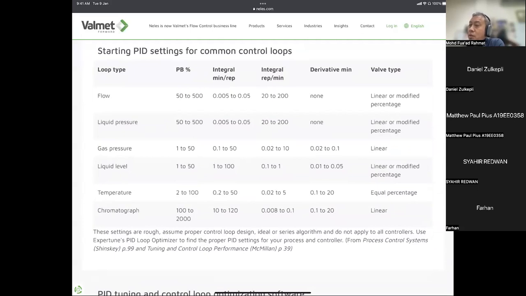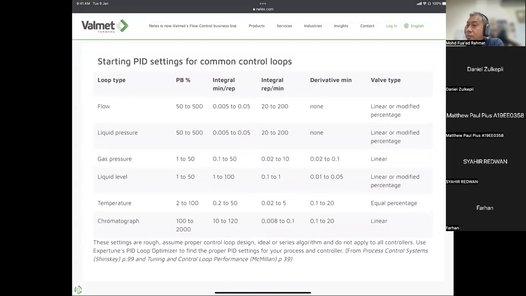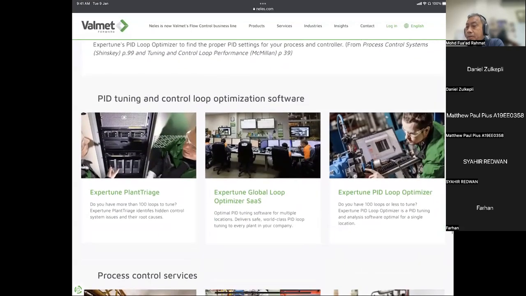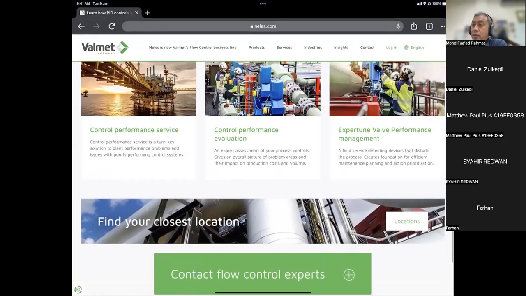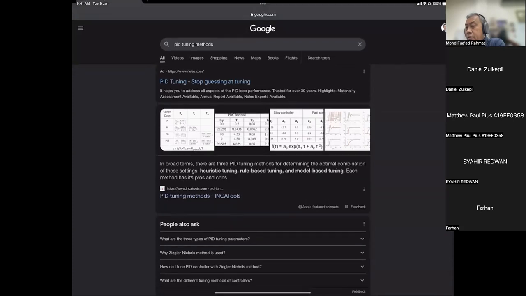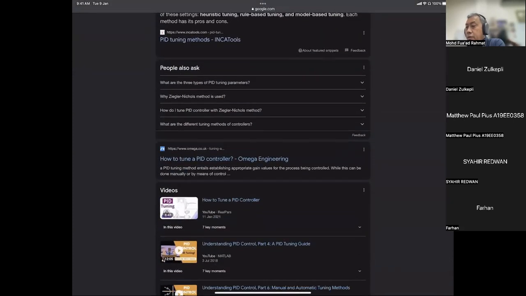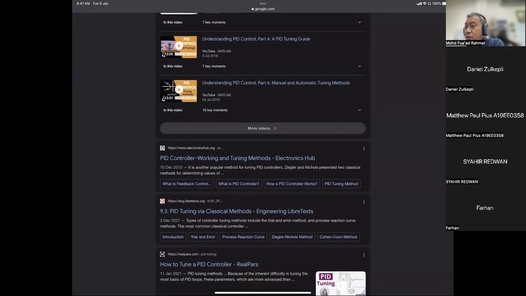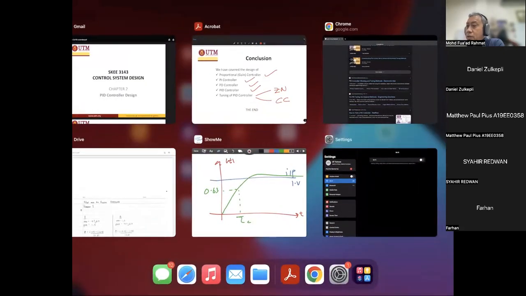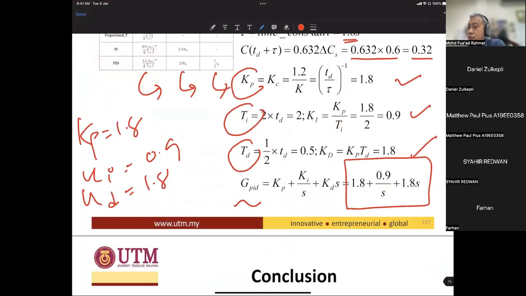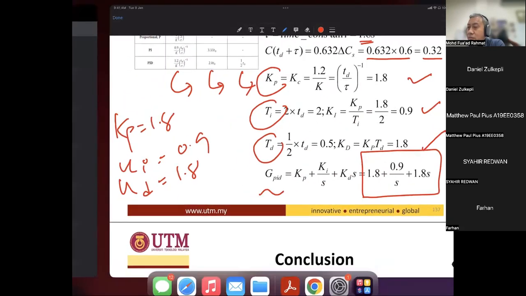This tuning is actually because we want to control the valve of the process. You can read by yourself. There are a lot of methods there, and some videos on the PID control tuning method. So we just focus on two methods only for this subject.